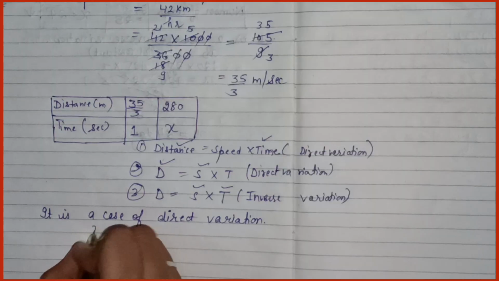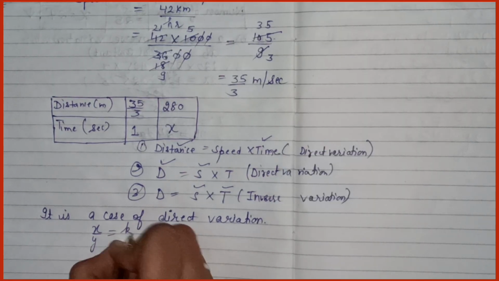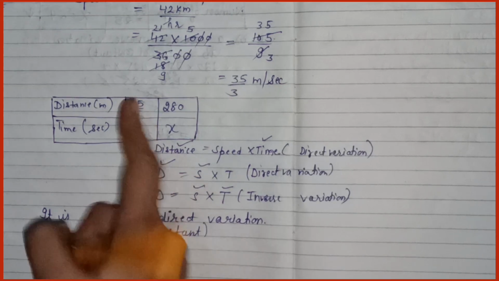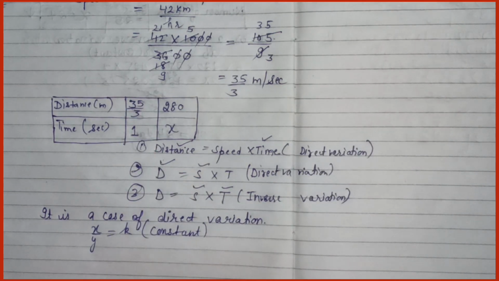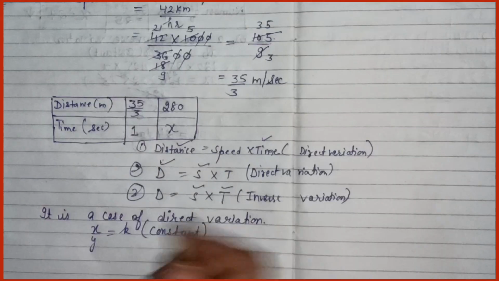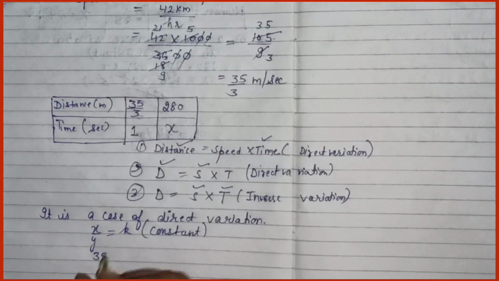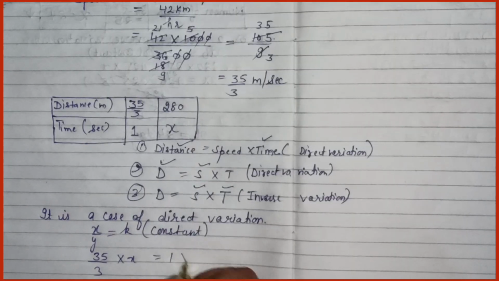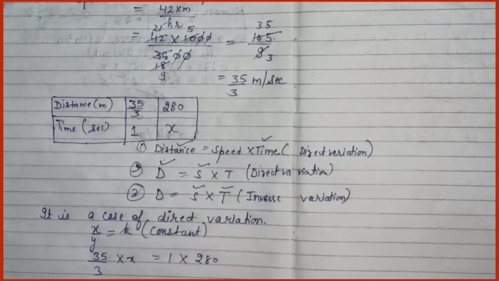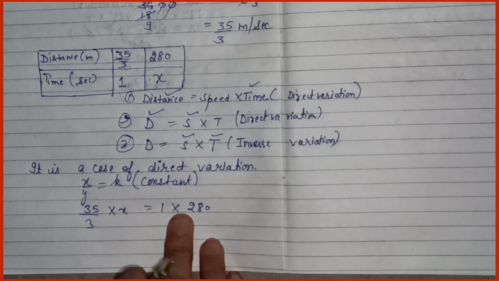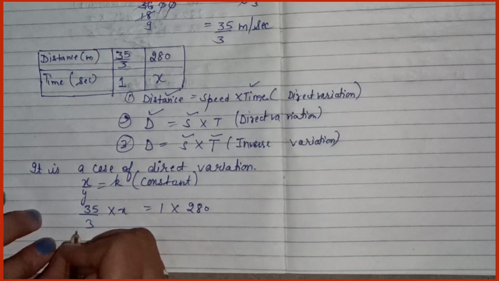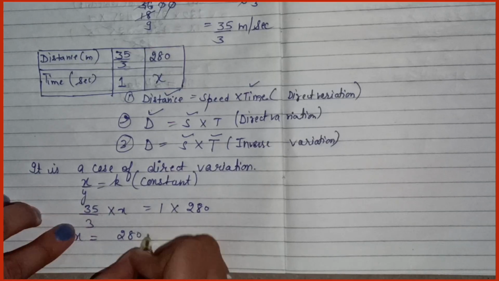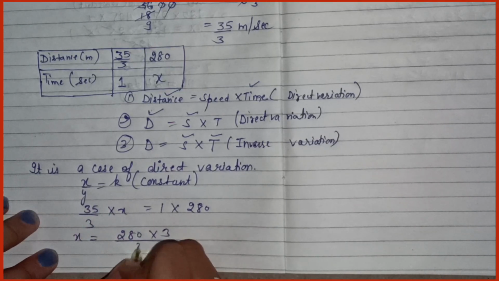And we know how to calculate direct variation: x upon y is equal to k, a constant. I write 35 upon 3 multiplied by x, which is equal to 1 multiplied by 280. Now from here I calculate the value of x. x is equal to 280 multiplied by 3 upon 35.